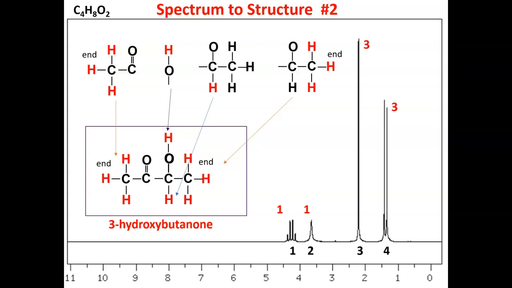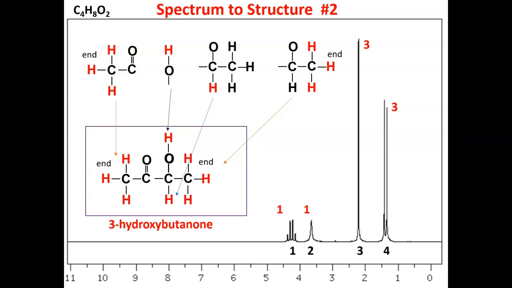And of course, the other singlet peak, which is not split, is the three H's peak A, which is bonded to the C double bond O. And of course, there is no other H on that which would make that peak split. So it's a singlet peak because it's a terminal CH3 C double bond O group.